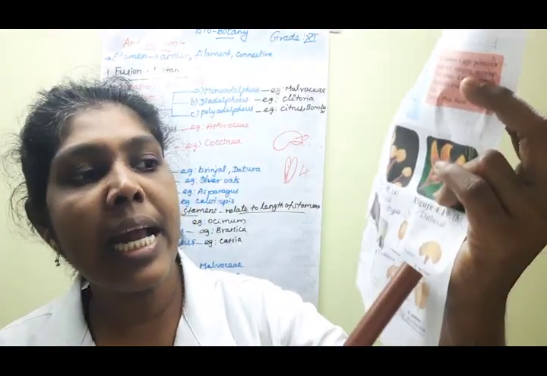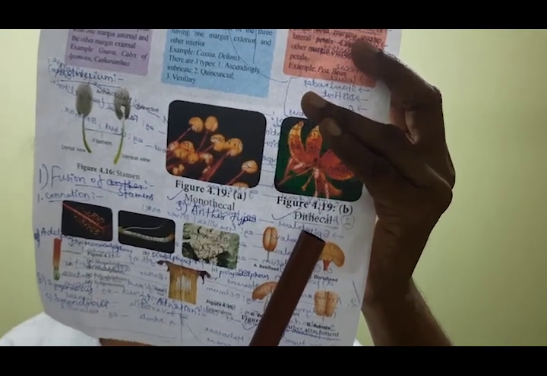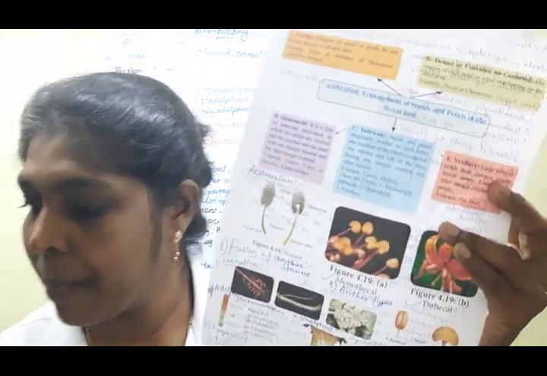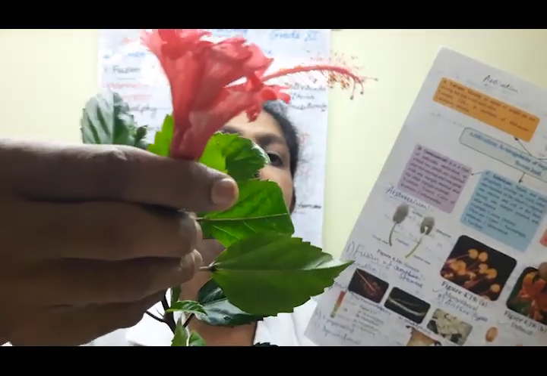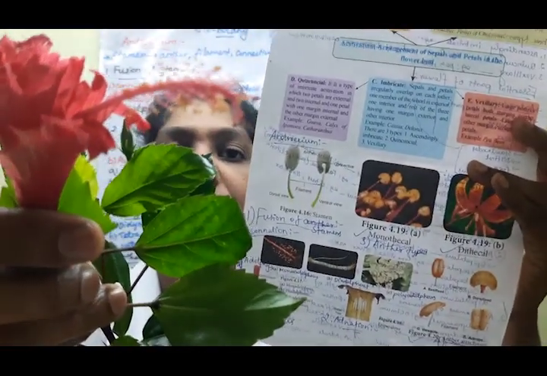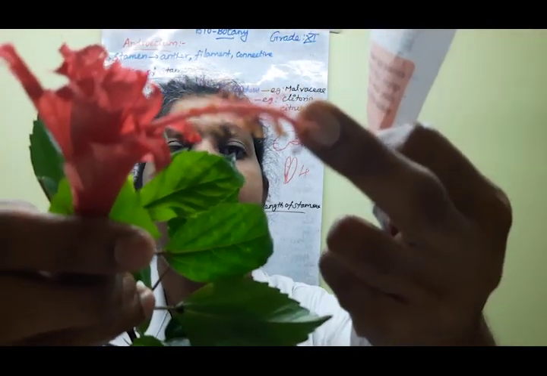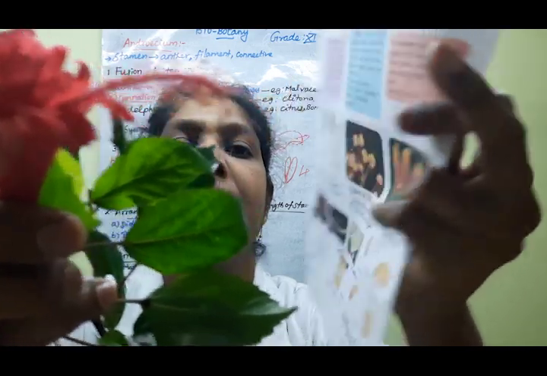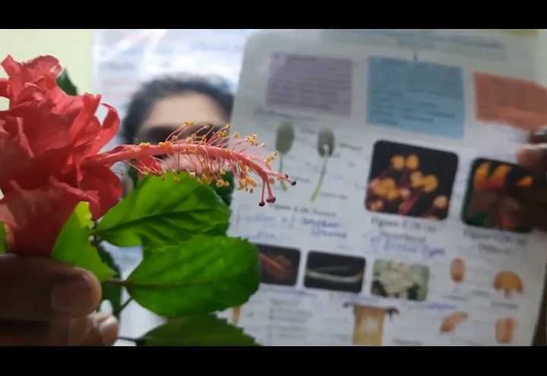Clear? The next one, all should see this second diagram, second picture. Very good. So here the dorsal side of the anther, if you look minutely, this is the good example, dorsifixed. Here the yellow color part, the dorsal side of this anther only, is attaching to the filament. That is known as dorsifixed.